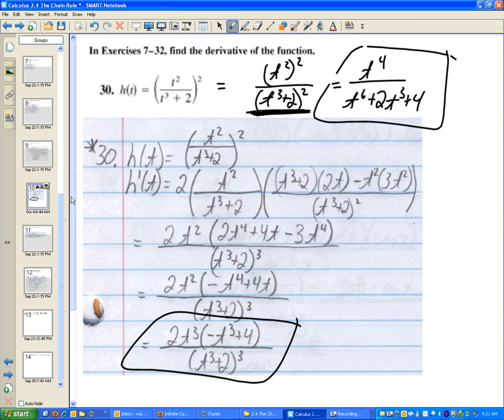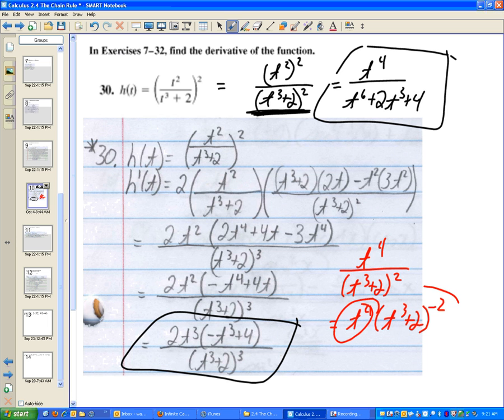Once we're sitting here with the t to the 4th over t cubed plus 2 squared, I still haven't done any calculus. I can change that to t cubed plus 2 to the negative 2. Now I can do the product rule, right?